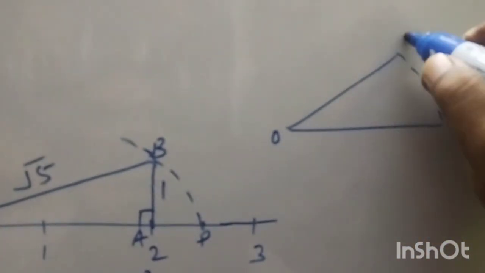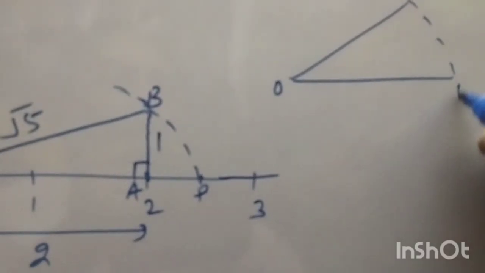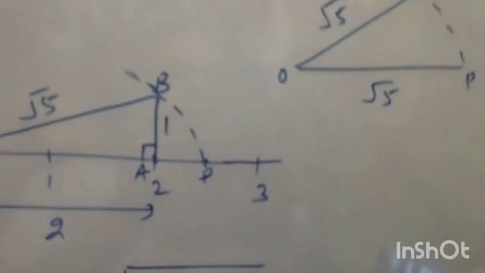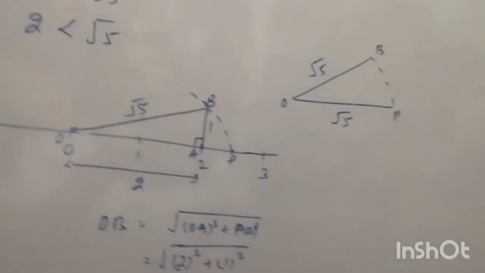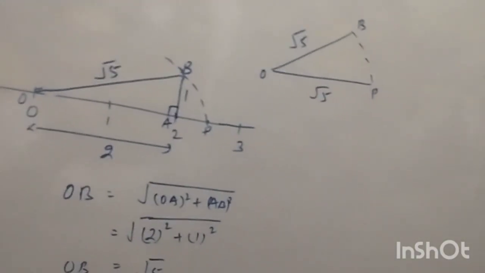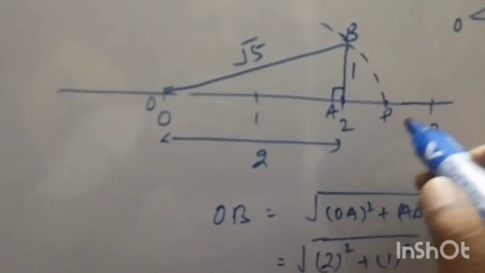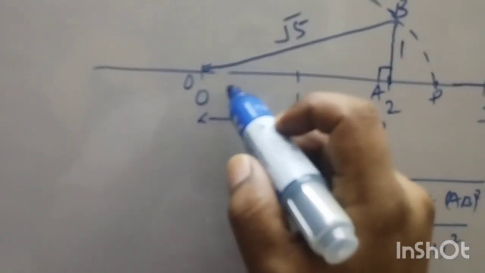So this is OB and this is P. So when OB is root 5, we know that OP will also be root 5 because both are radii of the same arc BP, right? So in that case OP will be root 5.